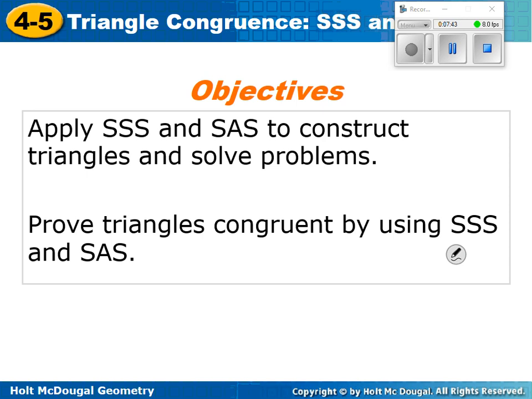So for angle, side, angle, this would be our picture. And for angle, side, this would be our picture. Okay? And then the last one that works is called HL, and I'll explain that one in just a second. But first, let's talk about angle.